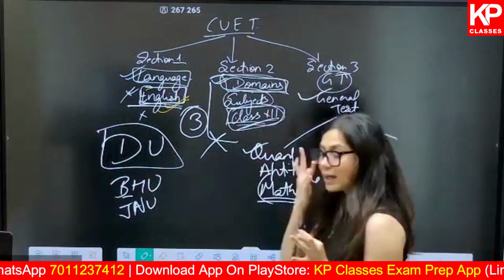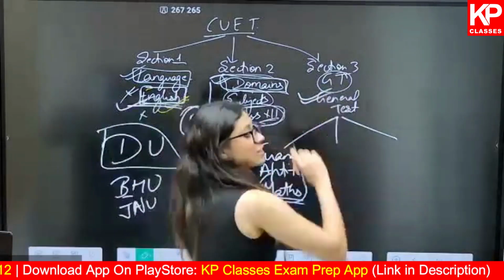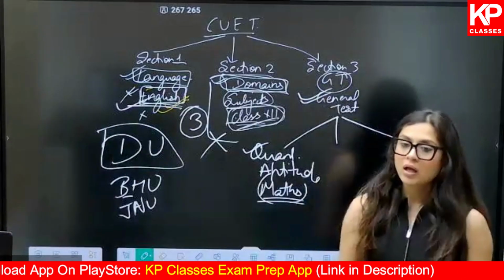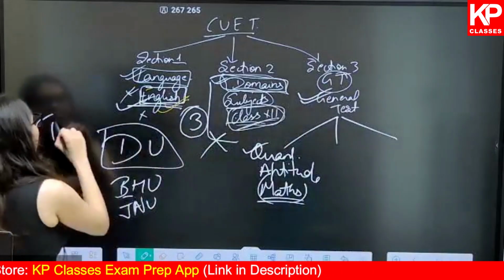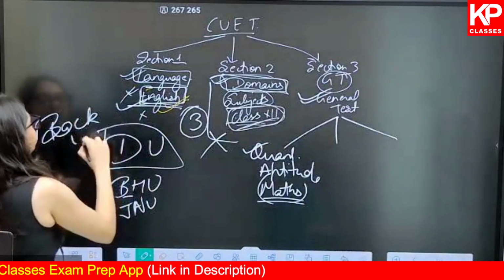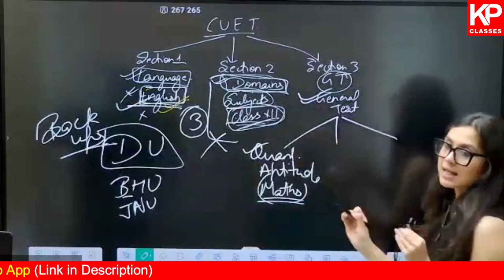Whatever you are scoring in domains, they won't consider those marks. They will give you admission on the basis of English and GT. And however brilliant a student you are, you need to have a backup. So that's why you need to give GT, and maths comes in.